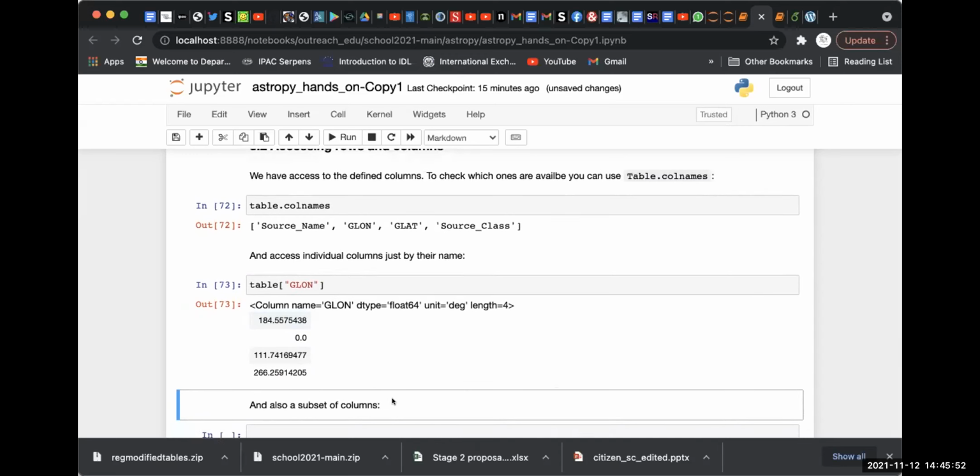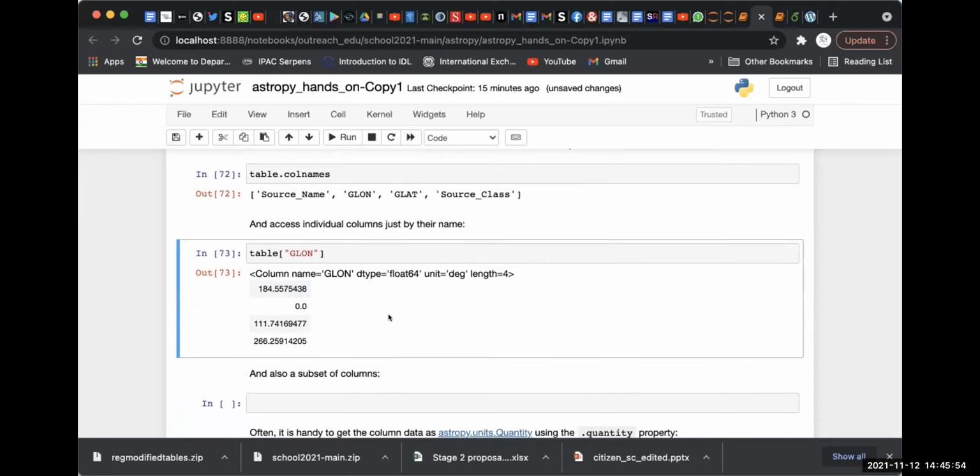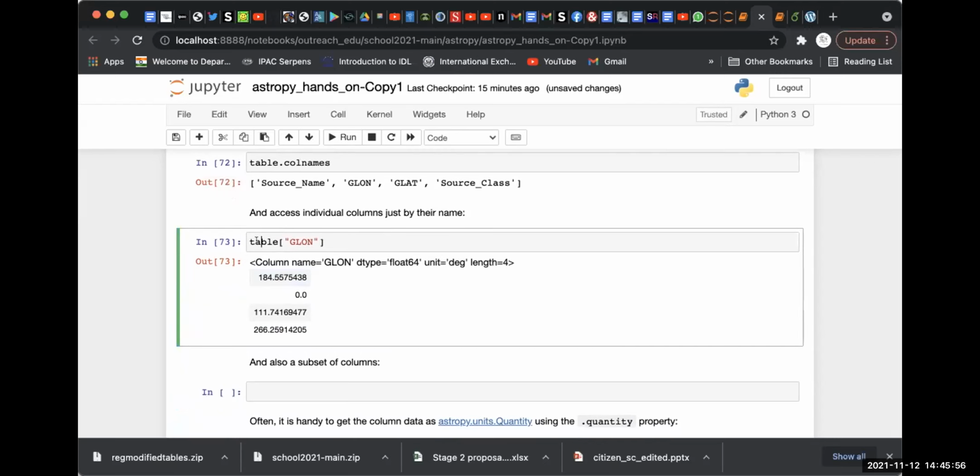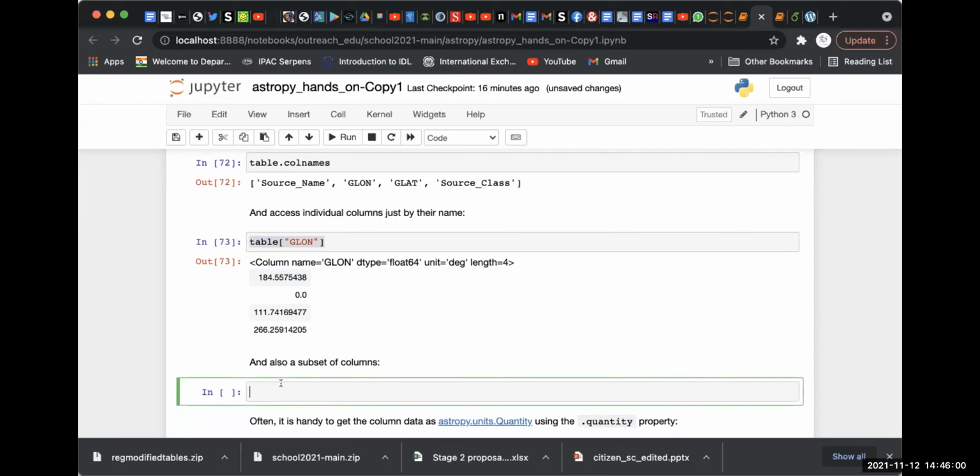I can also look for source name if I don't want only galactic longitude, or pick up whichever columns I like, right?